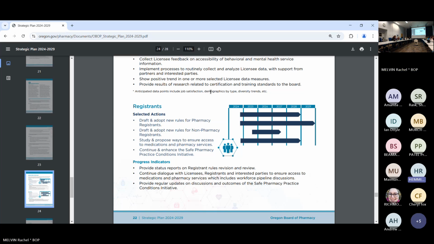Okay, so what's the feedback loop then to the licensees who completed the survey? What's the feedback to them to let them know, hey, this work group decided that this wasn't important, so we're not going to do anything with it.